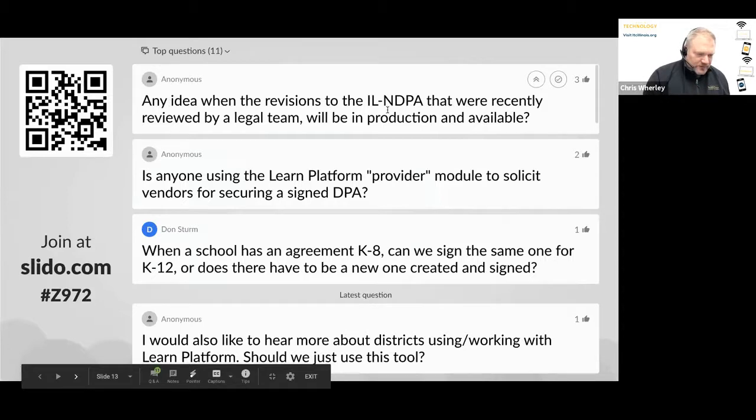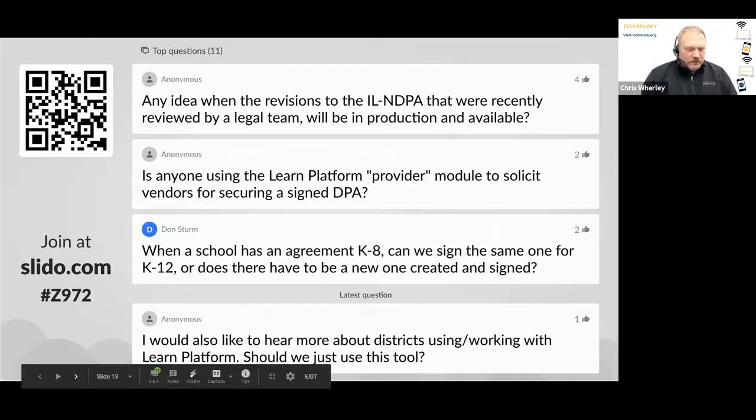Any ideas when the revisions to the Illinois NDPA that were recently reviewed by a legal team will be in production and available? So the Illinois Council of School Attorneys, which is a part of the Illinois Association of School Boards, is looking at the Illinois NDPA.